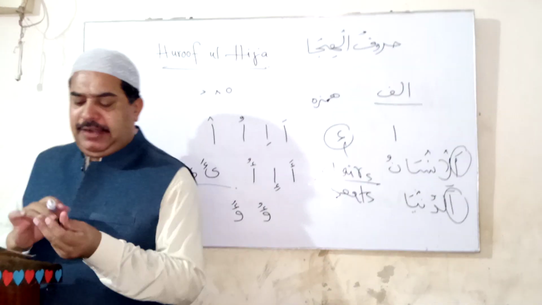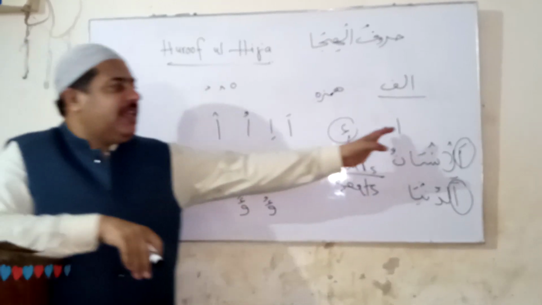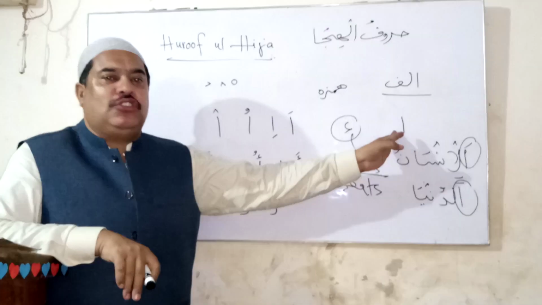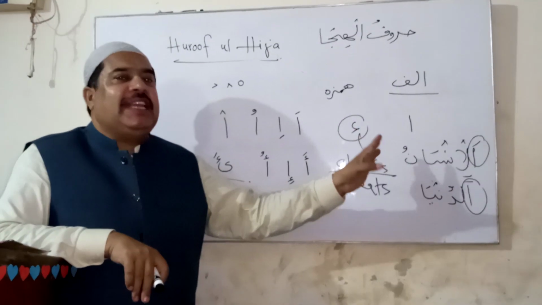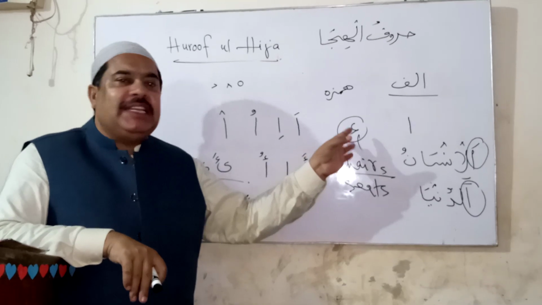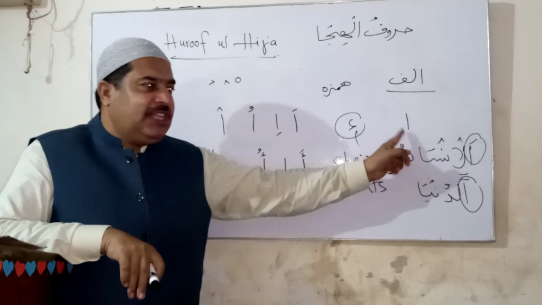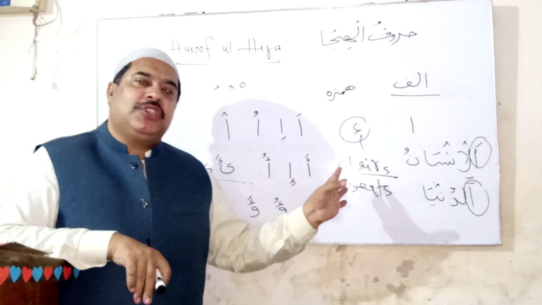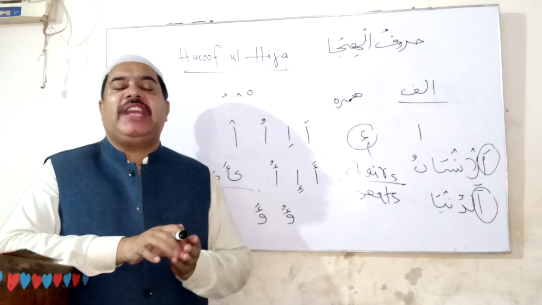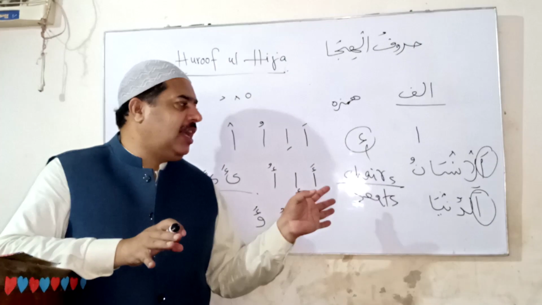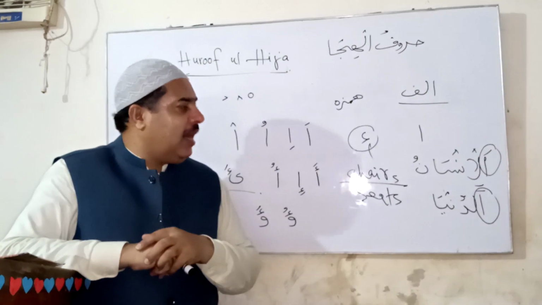This is the difference between alif and Hamza. Again, when it is empty and has no harakat over or under it, it is alif, and when it has got any harakat over this shape of alif, it is called Hamza. Whether this shape or this shape, if it is given any harakat, it is Hamza, and when it is without harakat, it is alif.